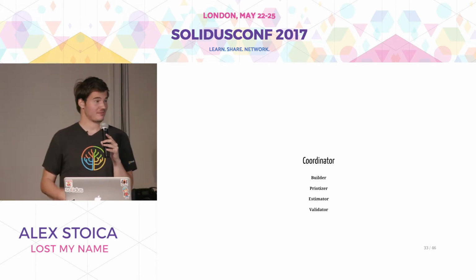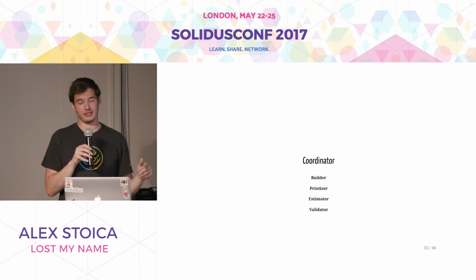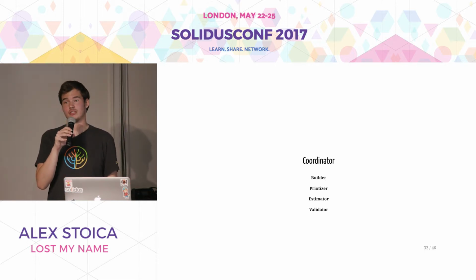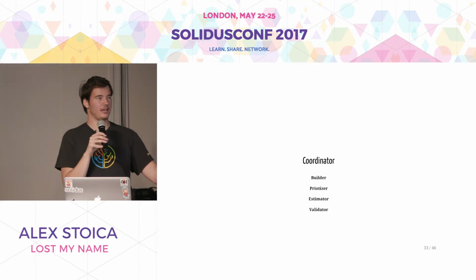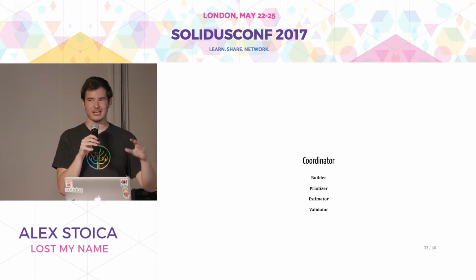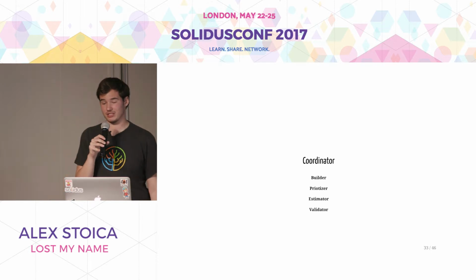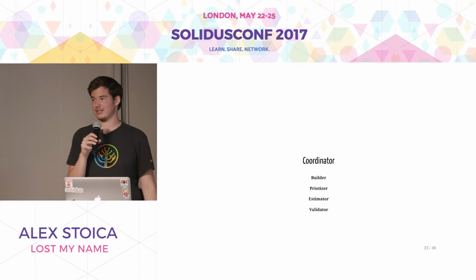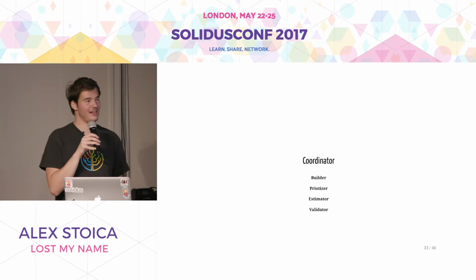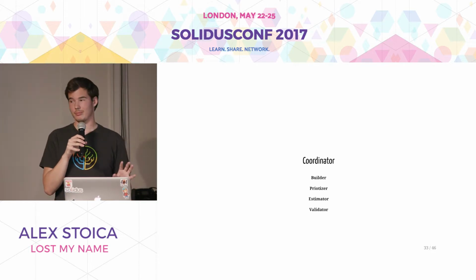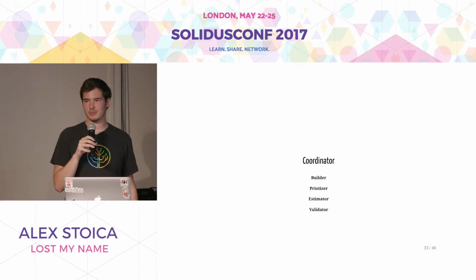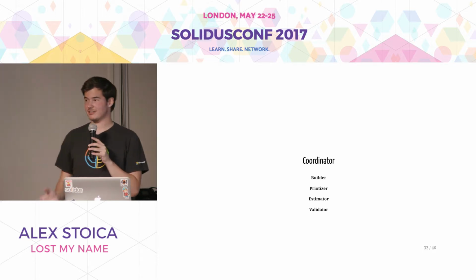So then we started looking at these, and these are default components that ship with Spree or Solidus. Their responsibilities slightly changed over the years, but pretty much stayed the same. The builder builds all possible packages, which doesn't sound like something you want to do, but it's how it does it. And then the prioritizer, which is the only place that's recommended to customize, sorts the packages based on magic rules that you come up with, and then it balances the packages.